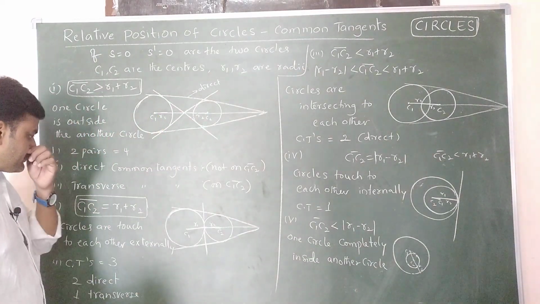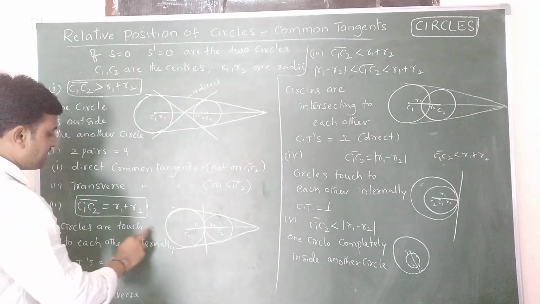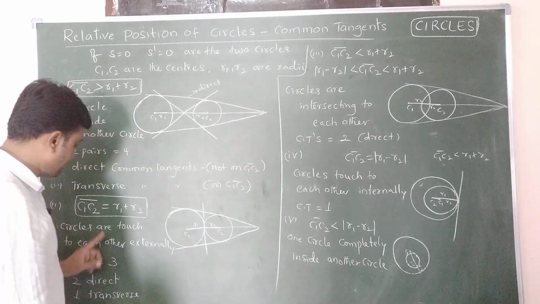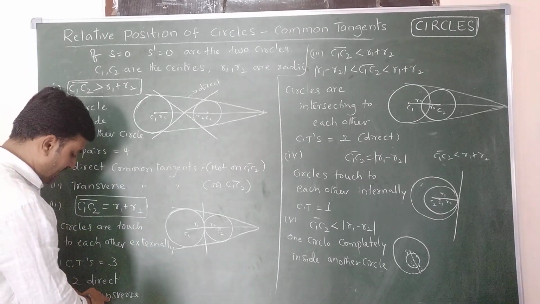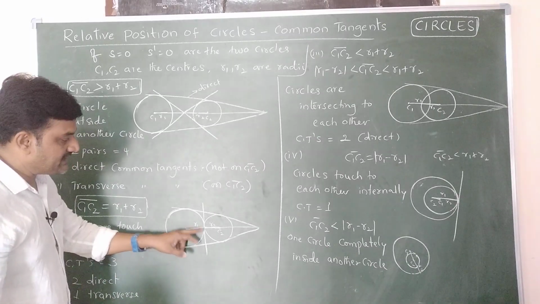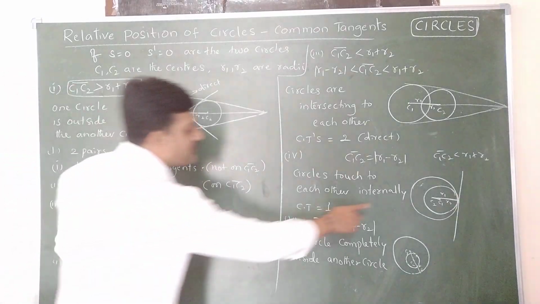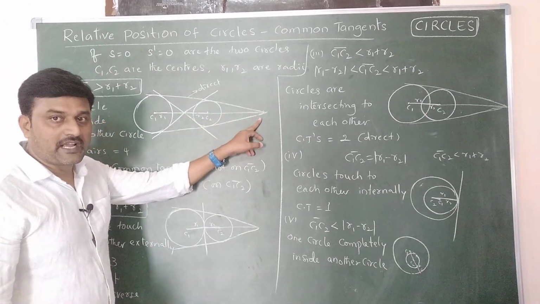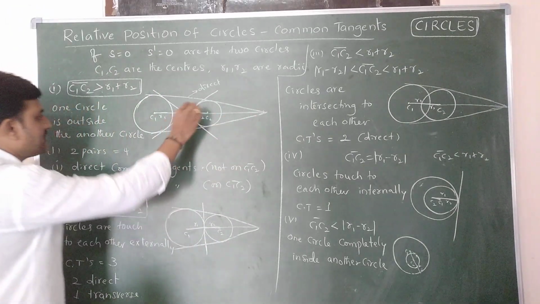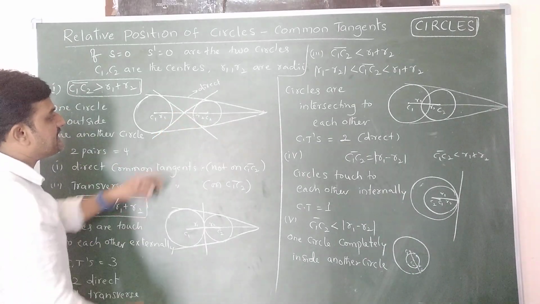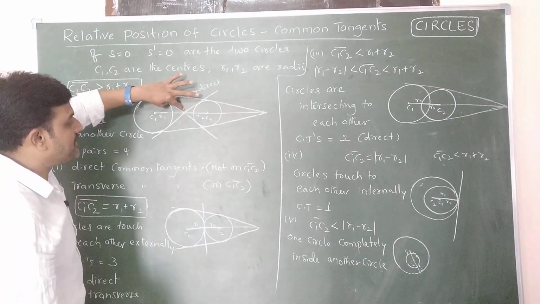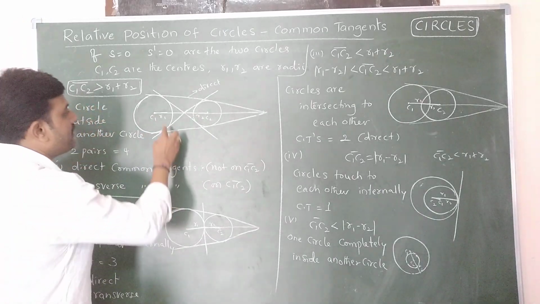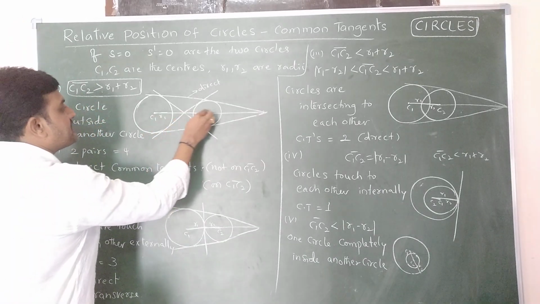Now we can solve transverse and direct common tangents. Observe this point, the intersection of the transverse common tangents, on C1C2.